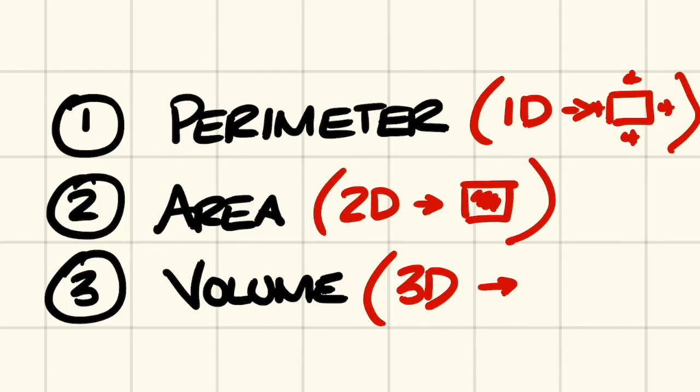We're going to start to talk about shapes that have depth, length, and width. So it's something I can physically hold, and with volume I'm measuring what it takes to completely fill that shape.